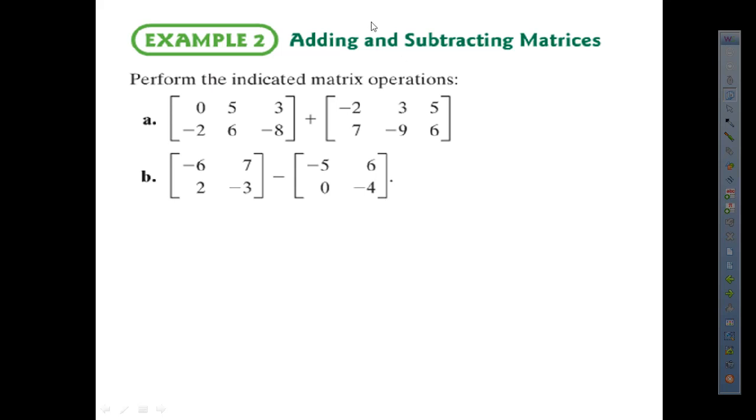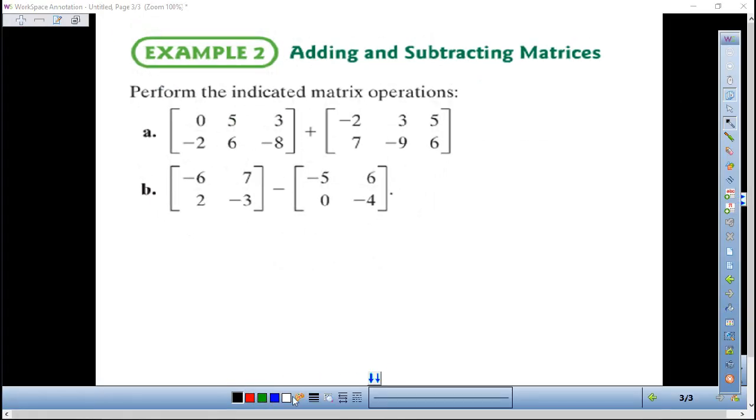All right, so let's perform the indicated matrix operations here. If we're going to add these two, we have a 2 by 3 plus a 2 by 3, so the orders work, and that means that we're going to result in a 2 by 3.